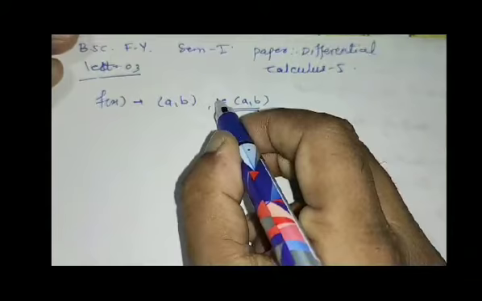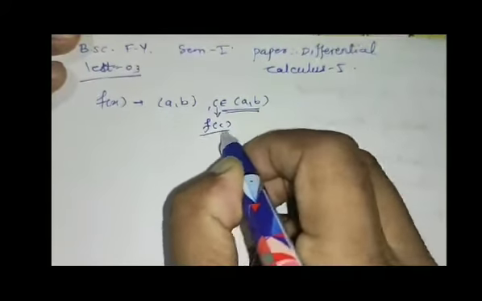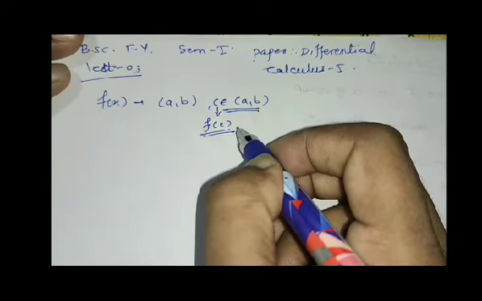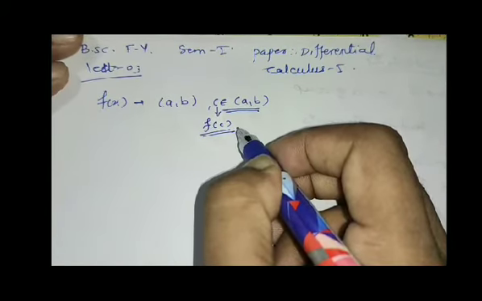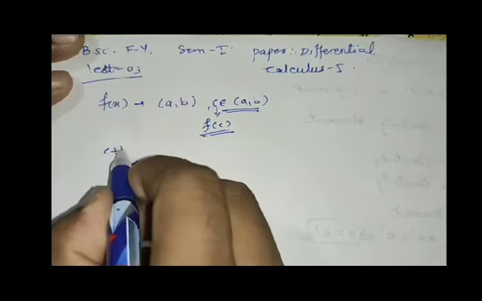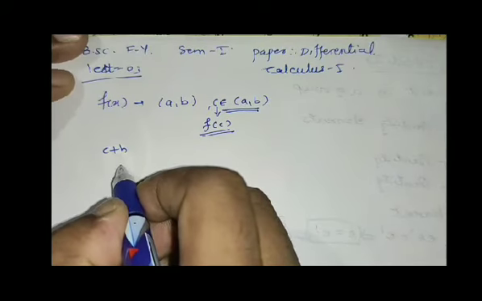So for this c, we get the value of the function f of c. So we take c plus h, that means a small increment, another member of that interval which lies to the right or left of c.